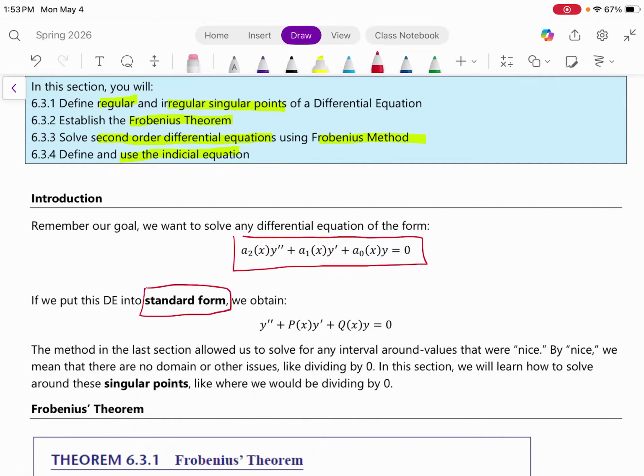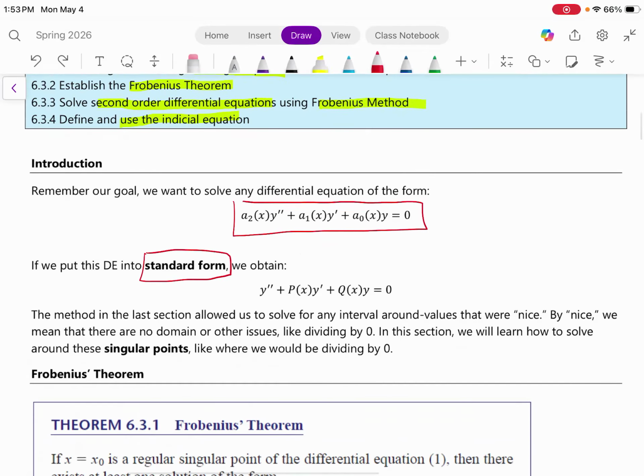That means we're going to divide by this a2 of x, the function that's attached to y double prime, so we get y double prime naked. And so when we do that, what we obtain is y double prime plus some function p of x times y prime, plus q of x times y equals 0.